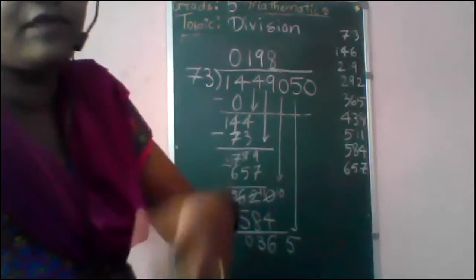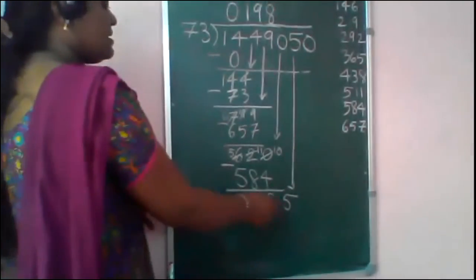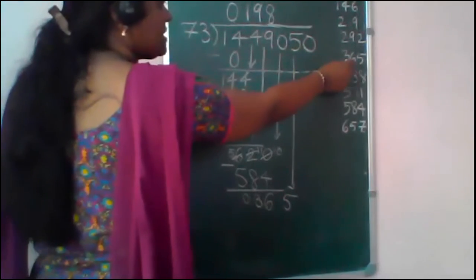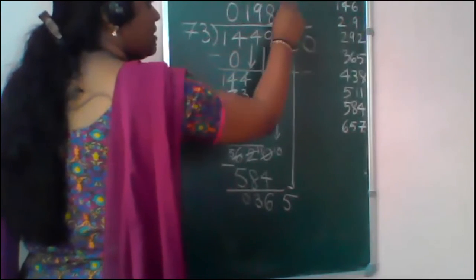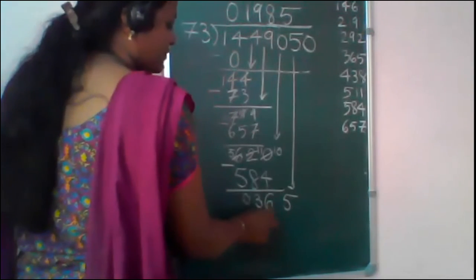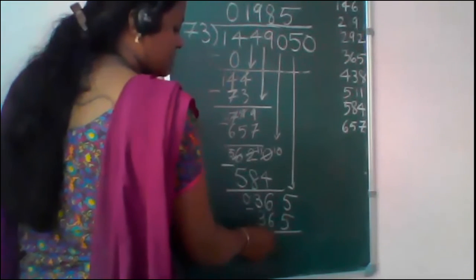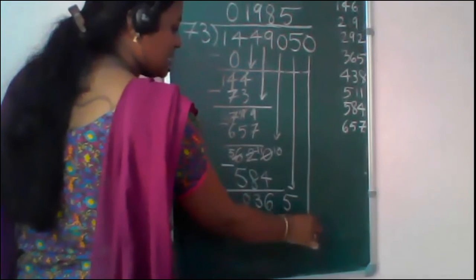Now 365, when we look at, we see that 365 is to be divided by 73. So we can straight away see we have 73, 1, 2, 3, 4, 5. So we write 5, 3, 6, 5 minus, we have 0. But see, we have 1 0.